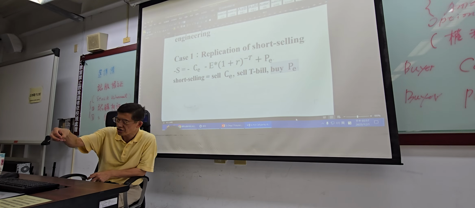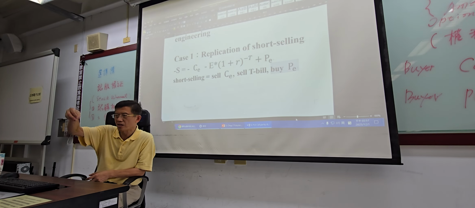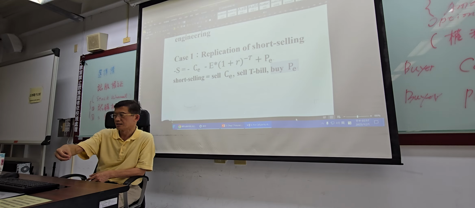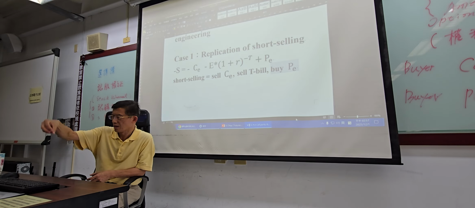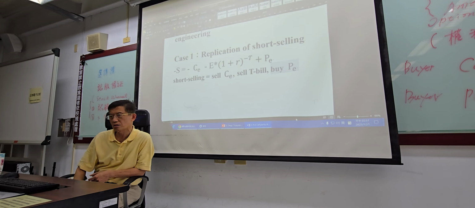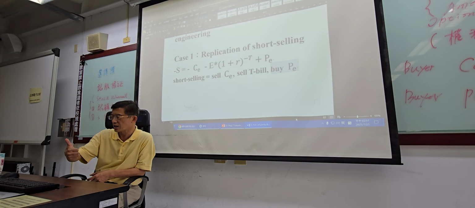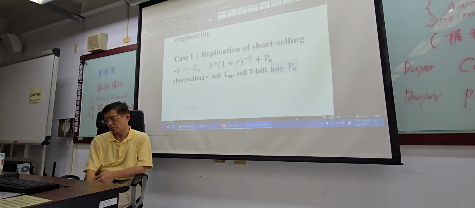So this short selling transaction can be replicated by three combinations of transactions: selling call option, selling treasury bill, and buying put option, right?